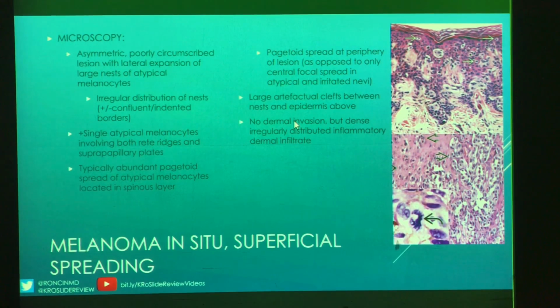I think we had some in our case, but I honestly don't remember now. And you shouldn't see dermal invasion, so that's really important for knowing the melanophages versus the melanocytes. And you can have this really dense inflammation around the lesion, so that can make it very difficult to determine if you're actually dealing with invasion or not.